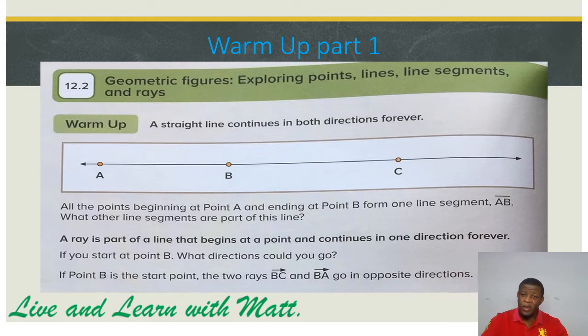As you can see here, line segment AB, and we put a line on the top. What other line segments are part of this line? We can also see AC, line AC. What else?